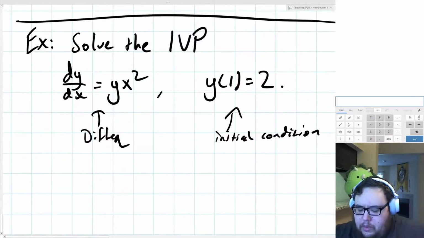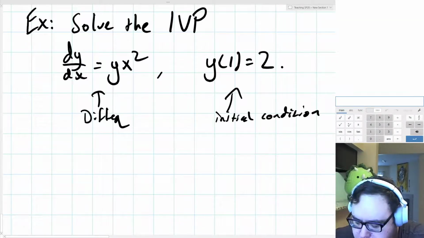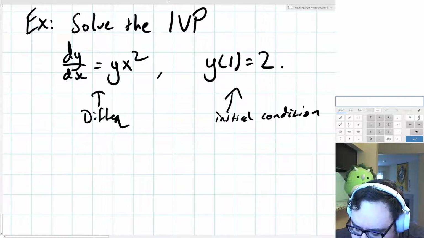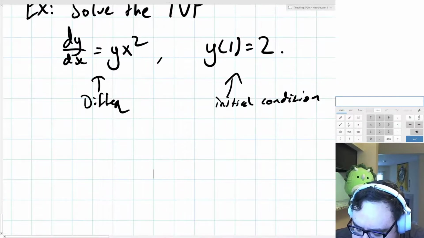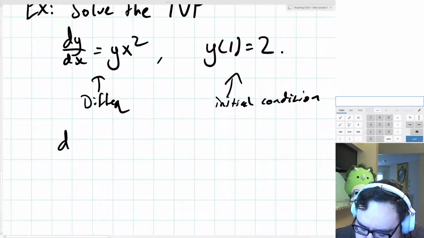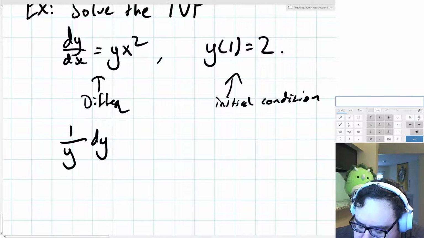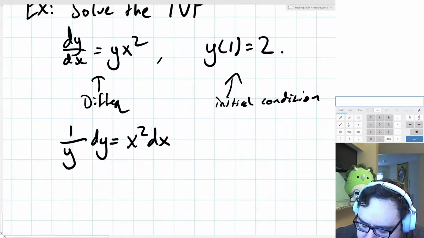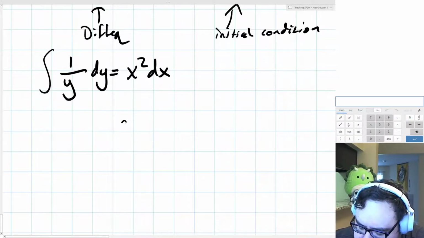Okay. So for instance, here we can separate our separable differential equation. 1 over y dy is equal to x squared dx. And then we can integrate both sides.